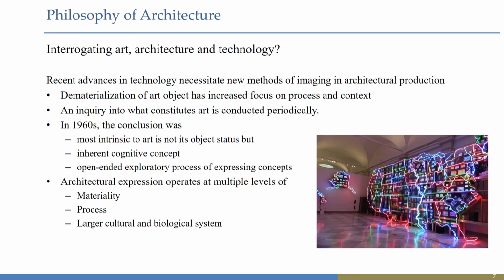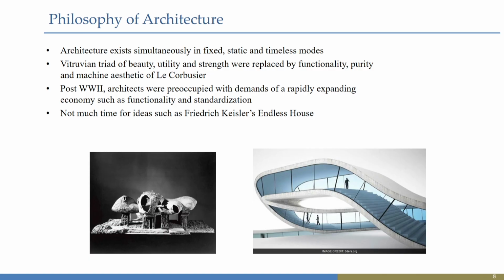That process cannot be ignored, how that material is given a form and that form is used to communicate a meaning. So, all that is done through a process. So, that process cannot be ignored. In fact, if possible, that process must be expressed. And then there is a larger cultural and biological system in which the architecture takes place, or the architectural object gets created. So, architectural expression does operate at these three levels: materiality, process and larger cultural and biological system.